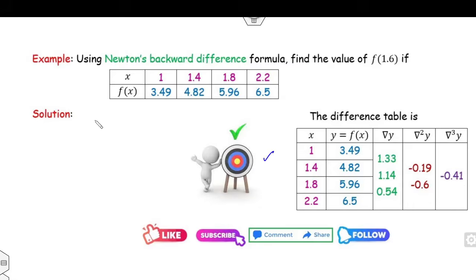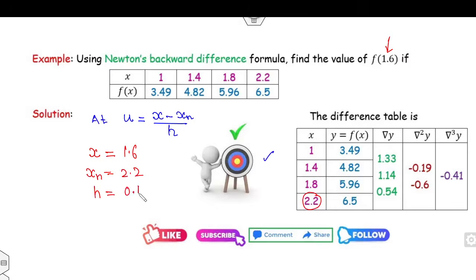Then your target is to find the value of u, which is x minus xn over h. Let me know what is the value of x. x is my target value. xn is my last number. What is h? The difference between them, that's 0.4.